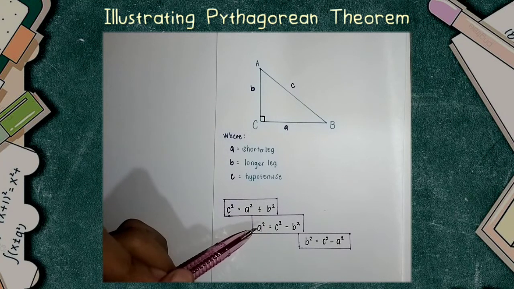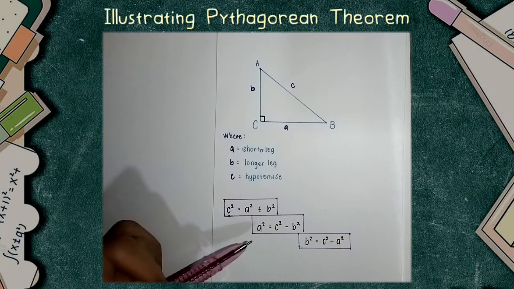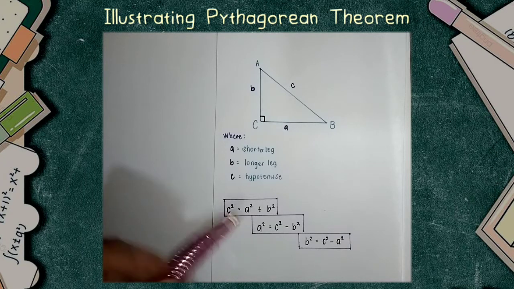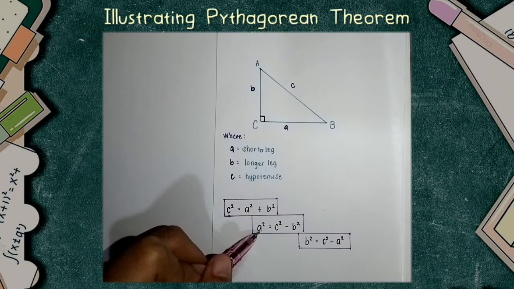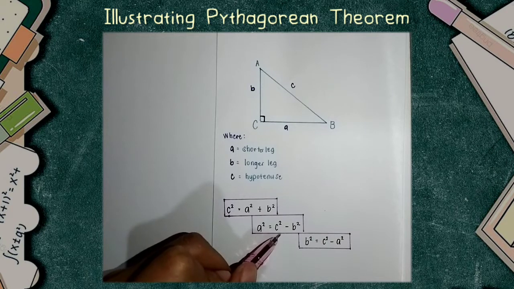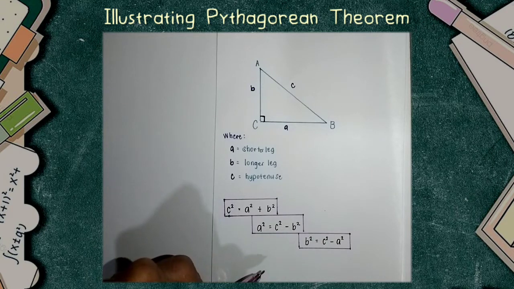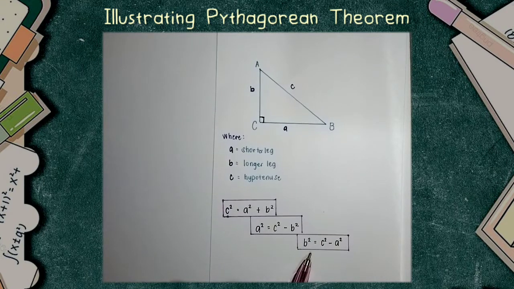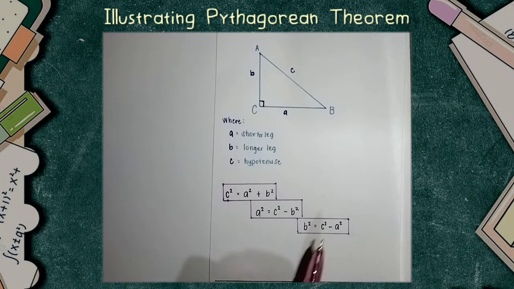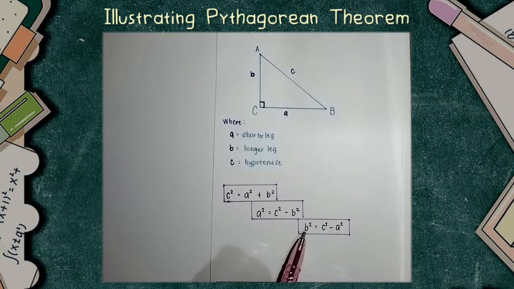Then kapag naman shorter leg ang nawawala, we can use this formula: A squared equals C squared minus B squared. And then, kapag naman longer leg ang hahanapin natin, we can use this formula: B squared equals C squared minus A squared.